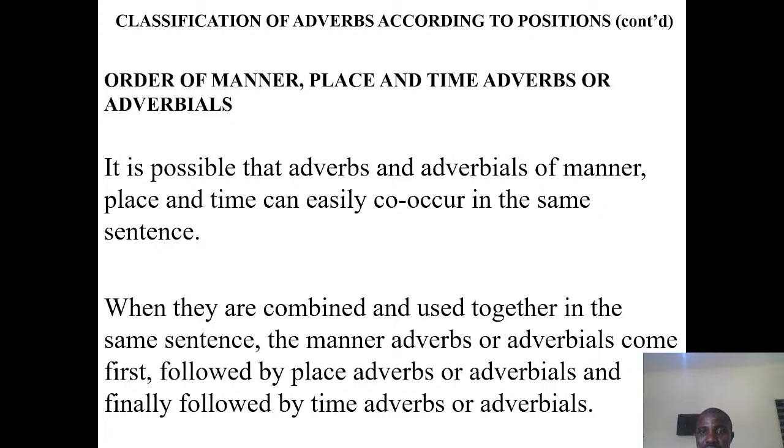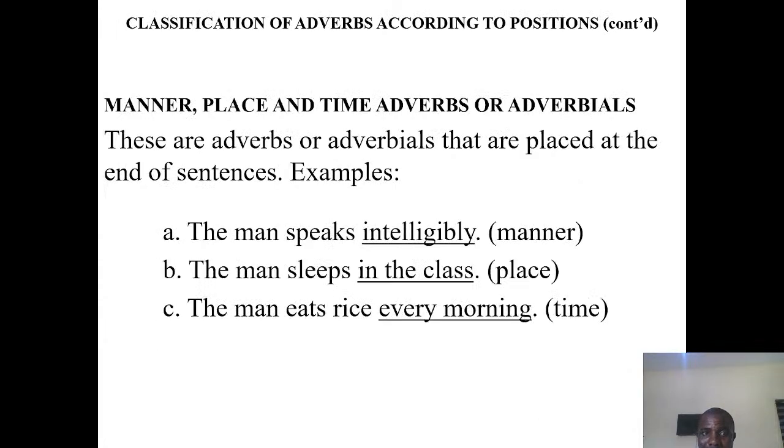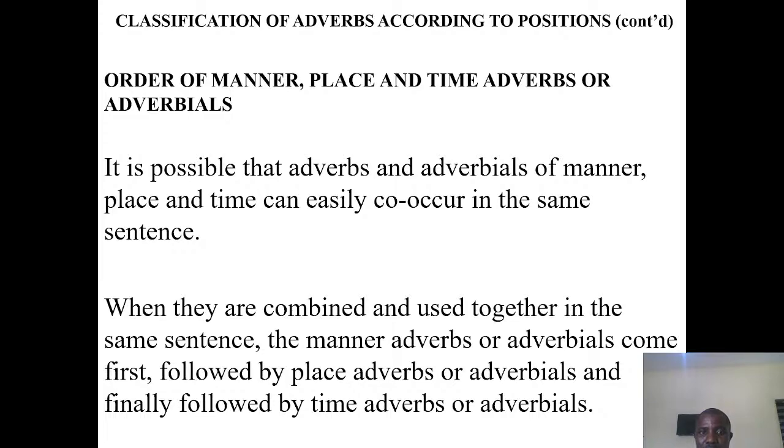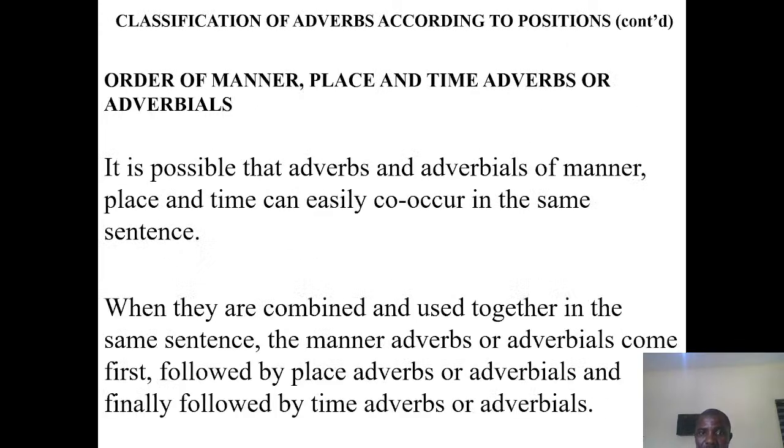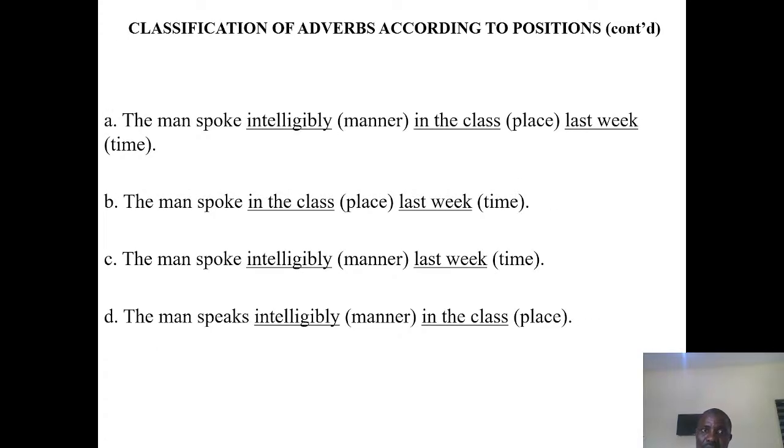When they are combined and used together in the same sentence, the manner adverb or adverbial comes first. So manner will come first, followed by place. Place would follow, and time will come last.